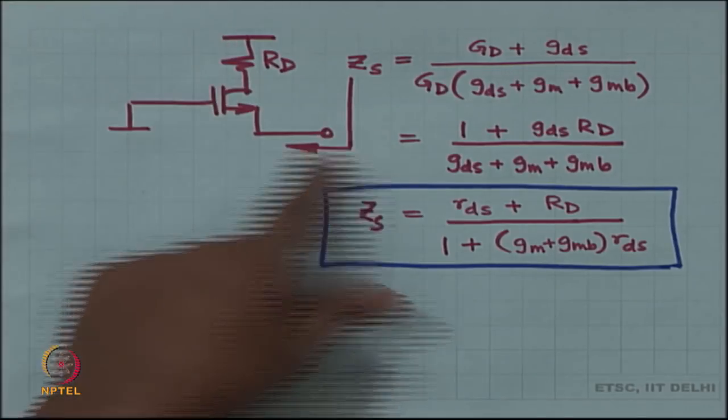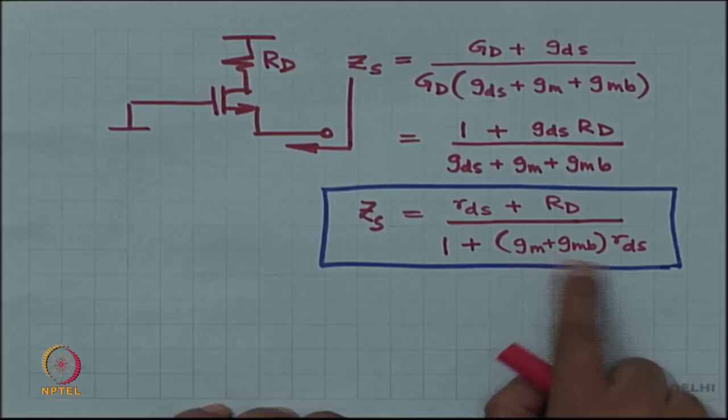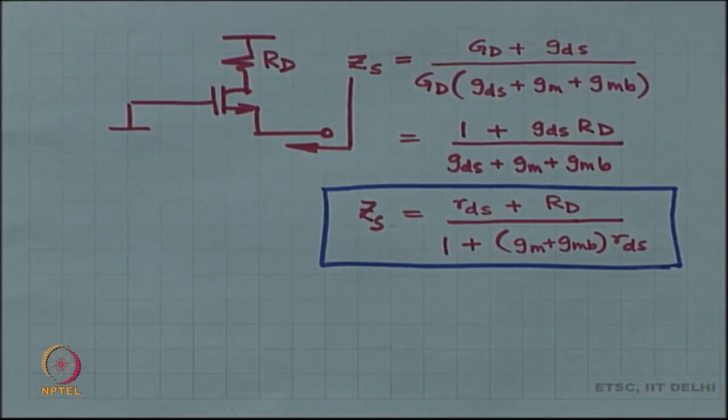Looking into the source, you see what we just discussed, 1 by GM plus GMB, okay, and that is a small resistance because GM is a large conductance. Fine. So, looking into the source, you always see a small resistance compared to RDS.